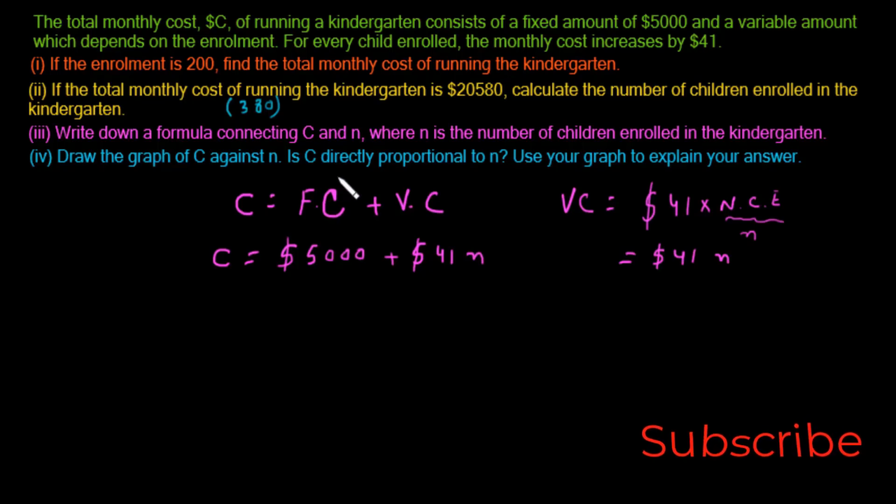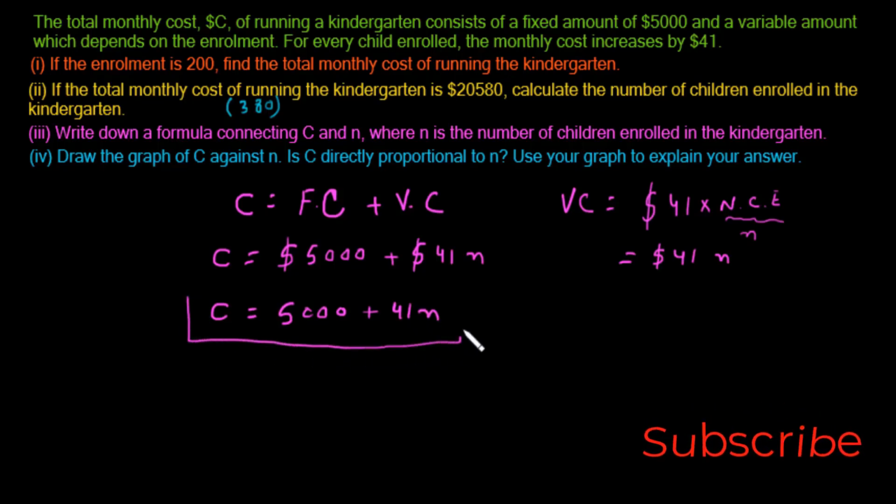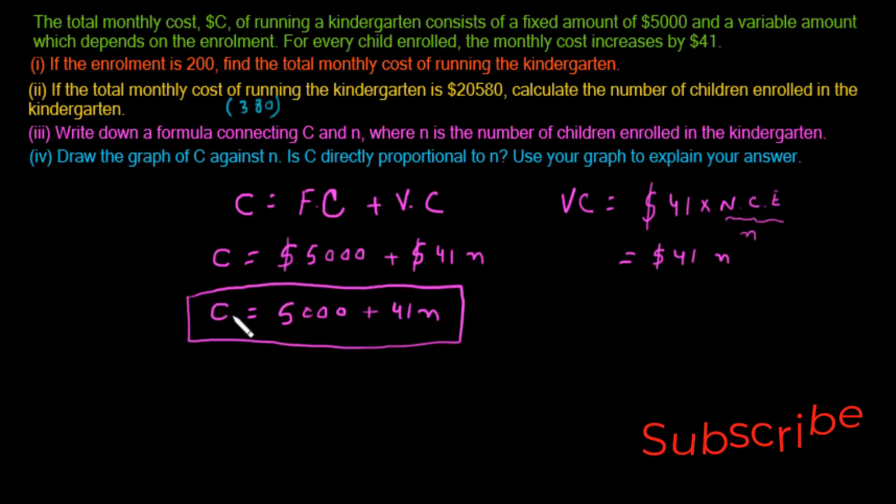But as we have to establish a connection between n and C, the more appropriate way is to write it without mentioning the dollar. So 5,000 plus 41 times n. So this is the equation that connects C and n, or the equation that expresses C in terms of n. So we got this one.